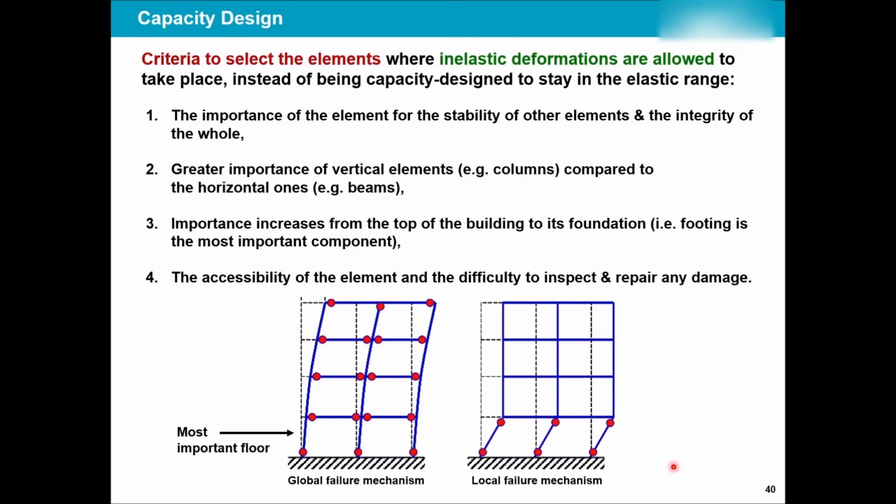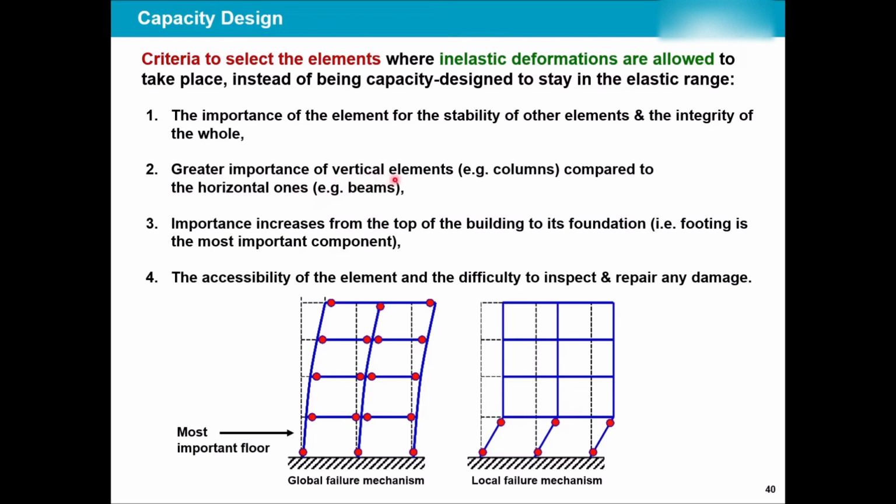There are 4 rules. The importance of the element for the stability of other elements and the integrity of the whole. Yes, so we select the elements based on this concept that if that one fails, it doesn't affect the other ones. So the columns are the most critical ones, so they're the most important ones.